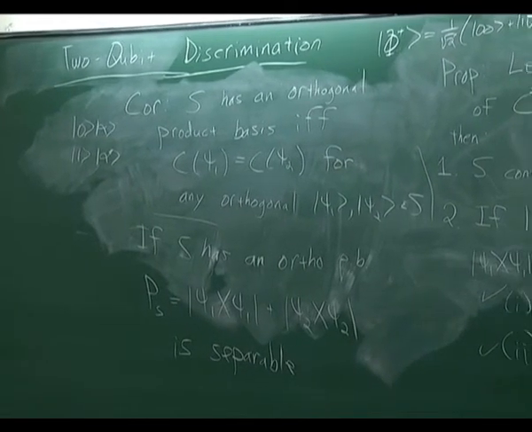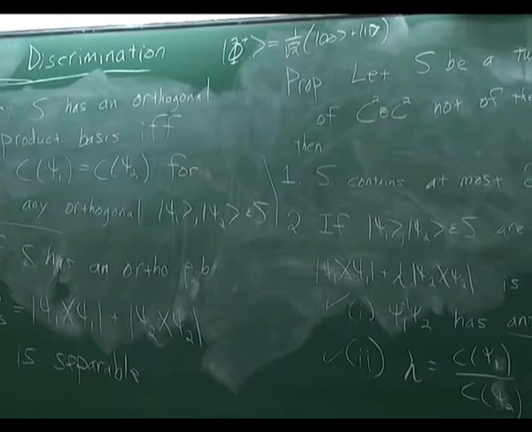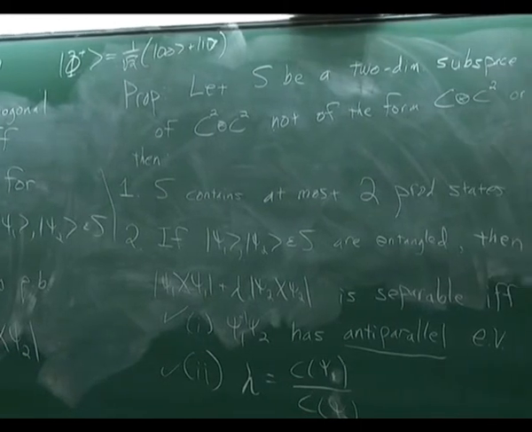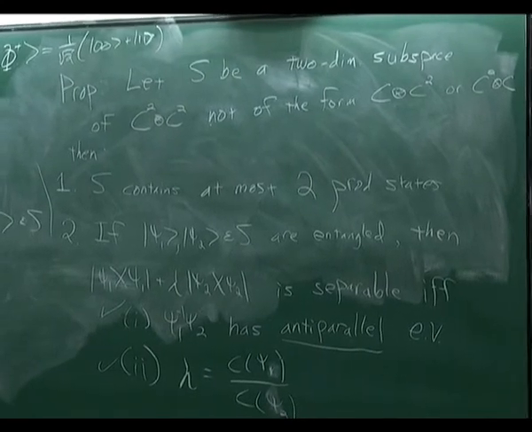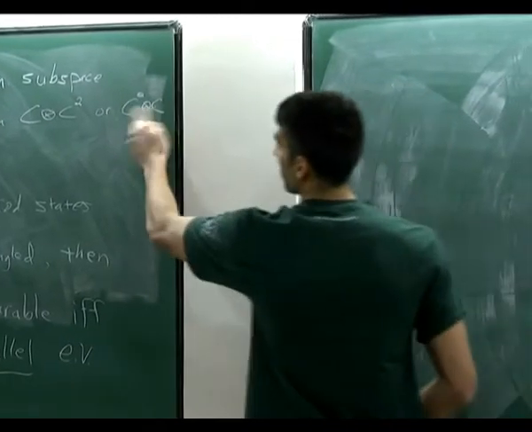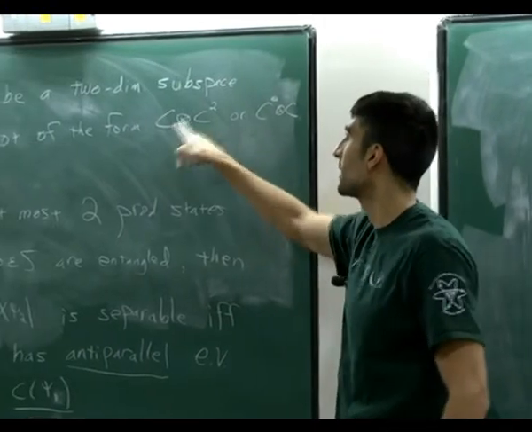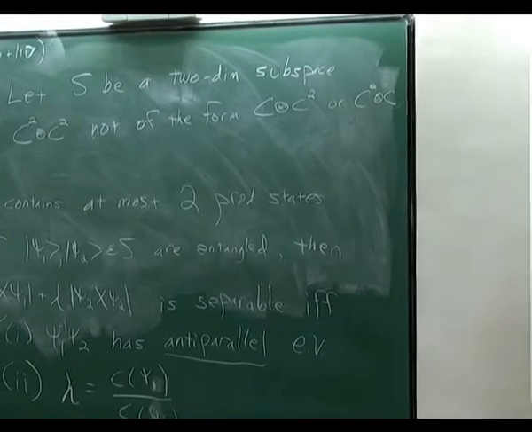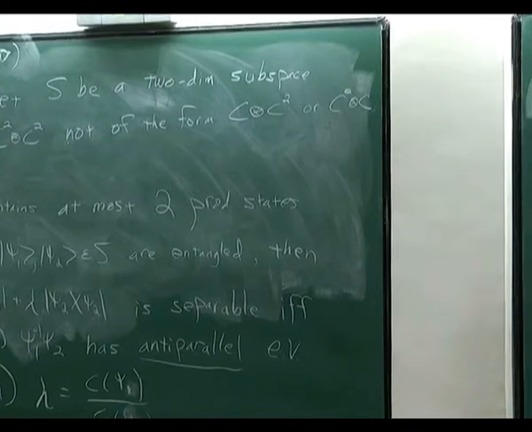If we project onto this two-dimensional subspace and it is separable, does that by itself imply that the product states in that space were orthogonal? Yes. Again, assuming it's not of this sort of degenerate case. If you're in a subspace like this, then every state is a product state, so we really want to avoid those, for trivial reasons.